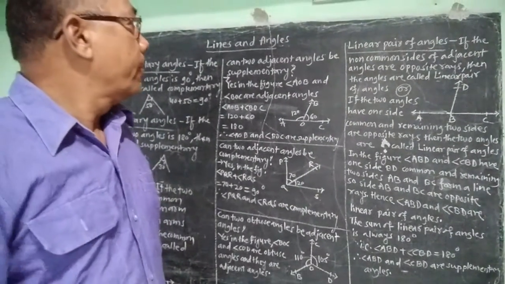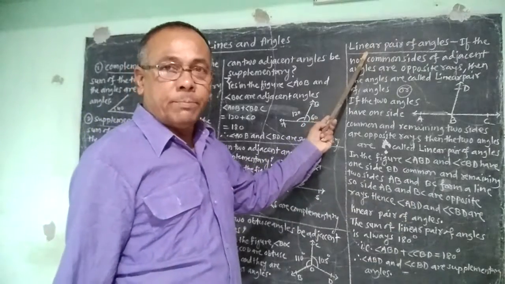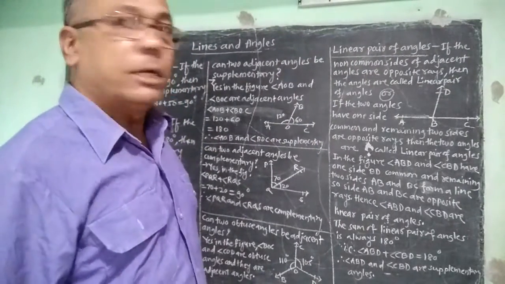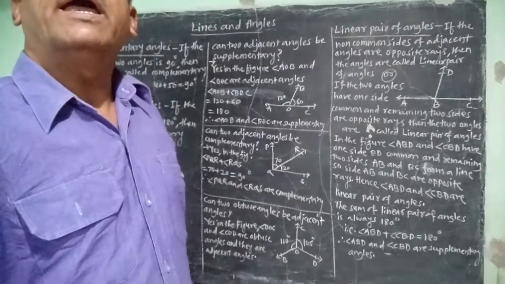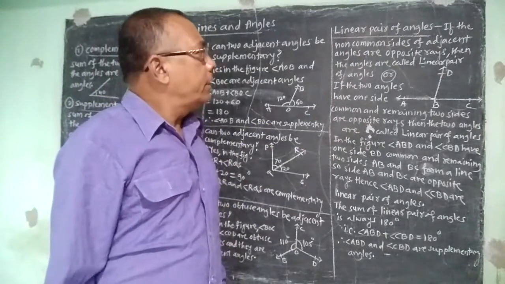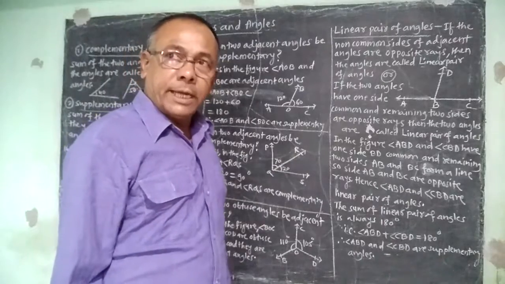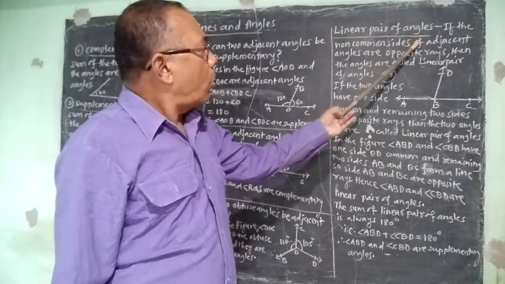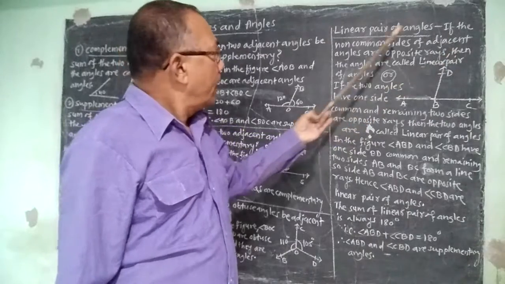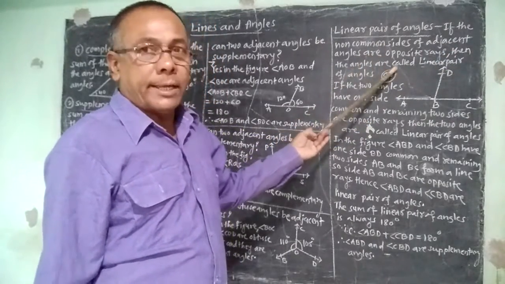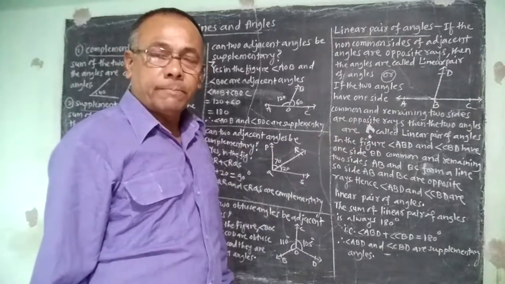we have to see the next very important point, that is linear pair of angles. The definition of a linear pair of angles is that if the non-common sides of adjacent angles are opposite rays, then the angles are called a linear pair of angles.